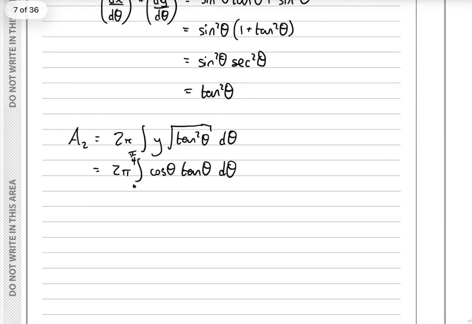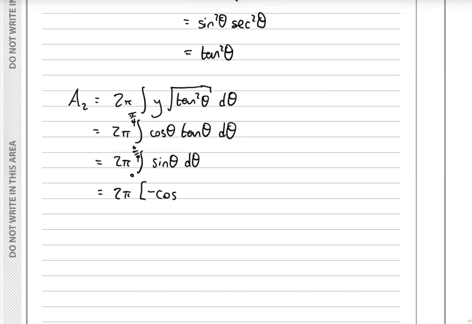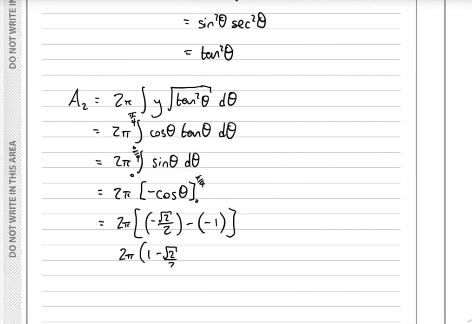So that all cancels down very nicely to give me sine theta d theta from 0 to pi by 4. And that is negative cosine theta. And that, putting in the limits, is negative root 2 over 2 minus negative 1. So it's 2 pi times 1 minus root 2 over 2.